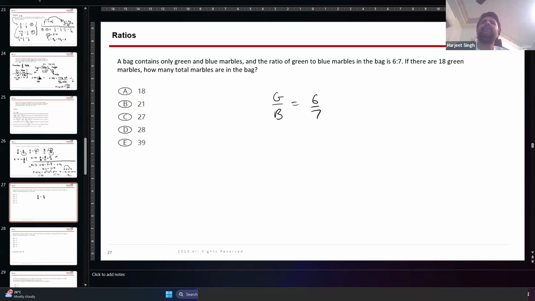So can I say 18 green? By observation, the ratio is 6/7, but green is 18. So can I say the numerator is being multiplied by 3? So the denominator should also be multiplied by 3, which means you get blue as 21, and you need total marbles, which is 39.